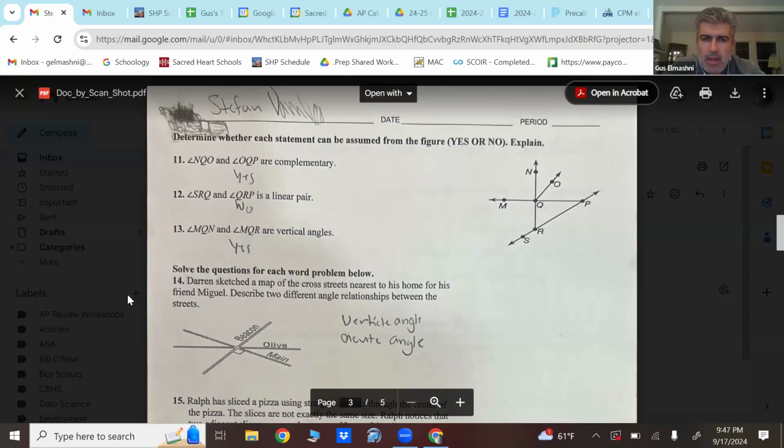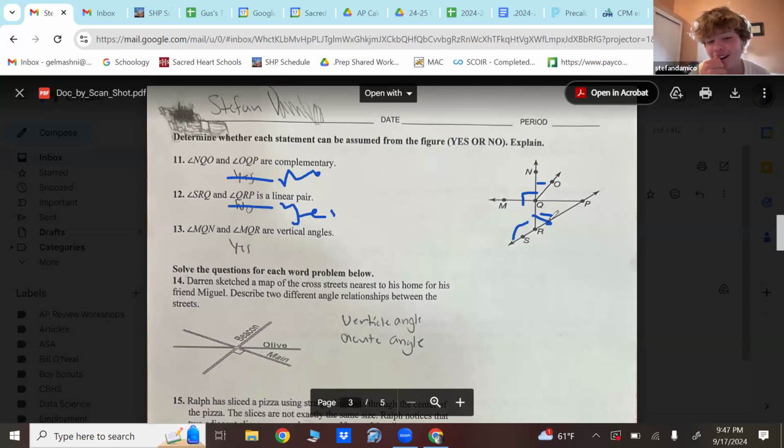We don't know if it's complementary. I already did this one, I turned this worksheet in, but I just want to tell you, so that's a no. Oh, it is. SRQ and QRP, that's a yes because they're right next to each other.